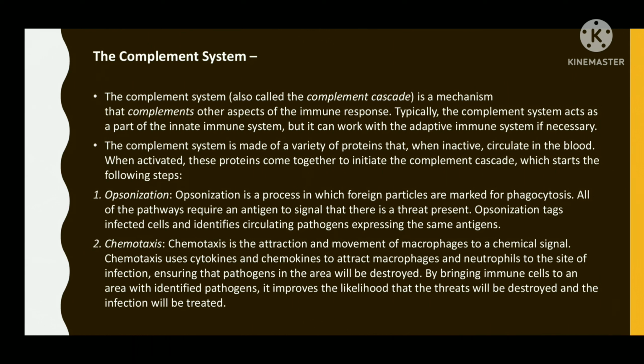Chemotaxis is the attraction and movement of macrophages to a chemical signal. So chemotaxis uses cytokines to attract macrophages and neutrophils to the site of infection. Basically it improves the likelihood that threats will be destroyed and the infection will be treated.